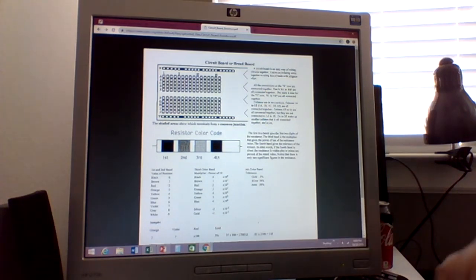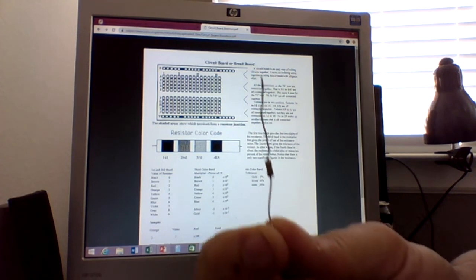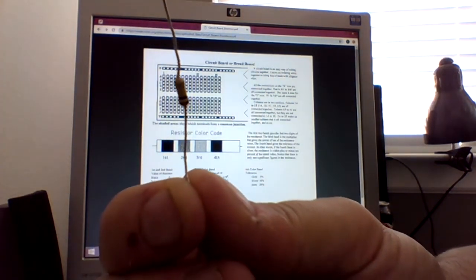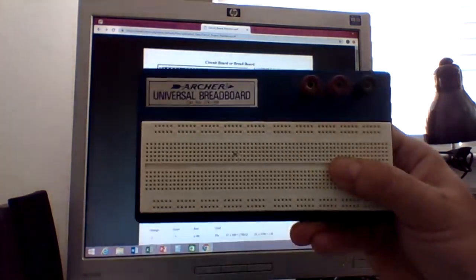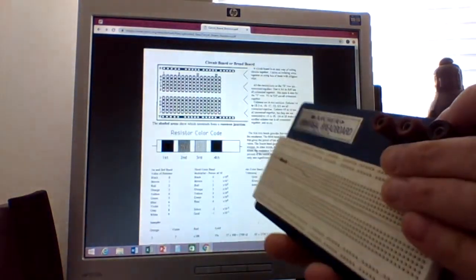Then I take something like this resistor. Okay, so you see this resistor? And I can then put the resistor into the holes as shown here. You can see it sort of in the holes.